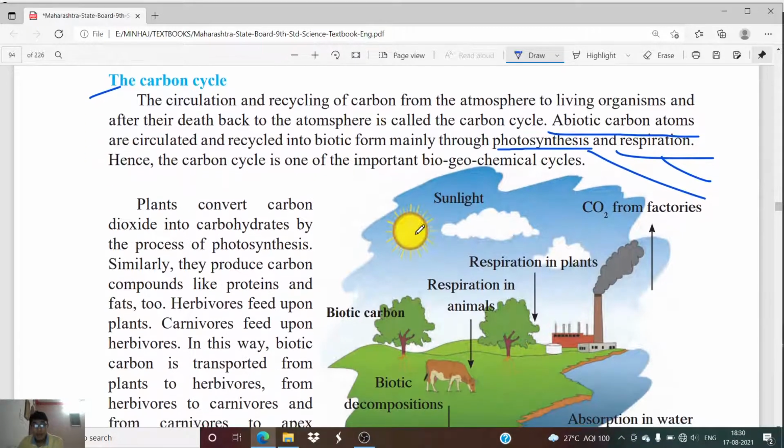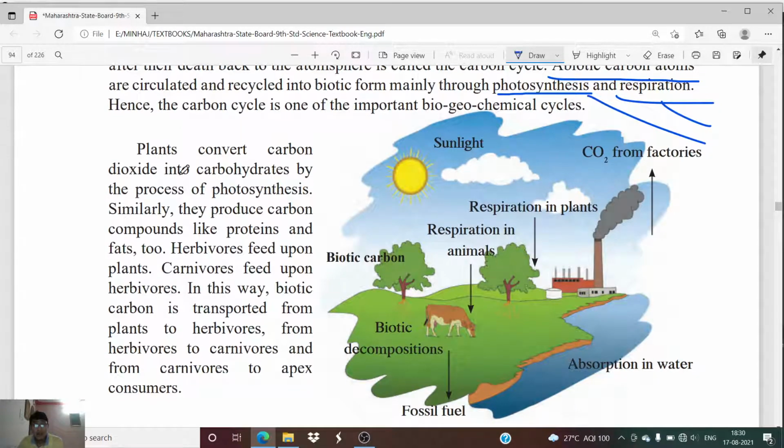Now, plants convert carbon dioxide into carbohydrates by the process of photosynthesis. The carbon dioxide which is exhaled by the animals is used by the plants for performing a process called photosynthesis.